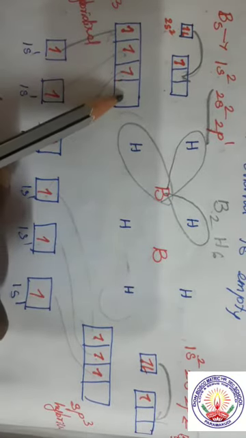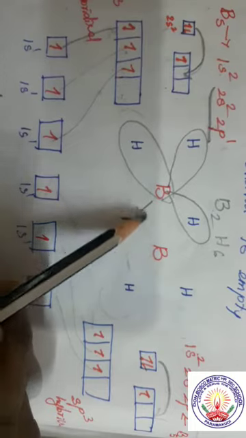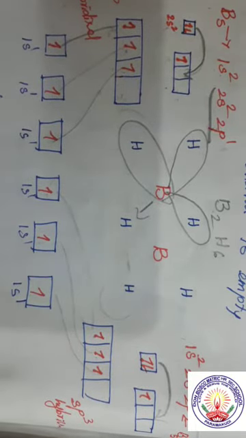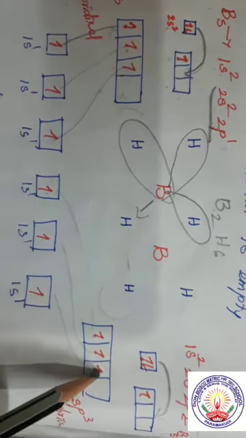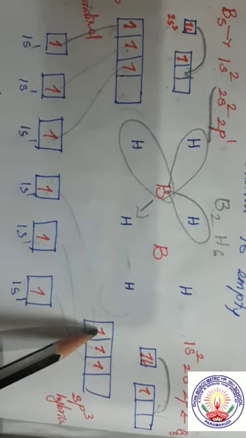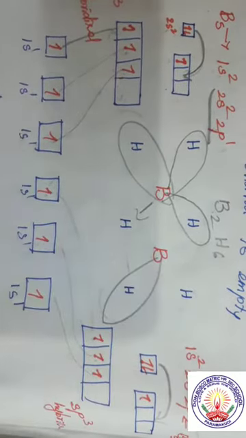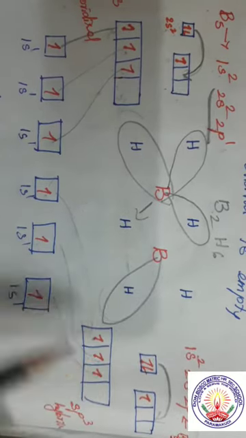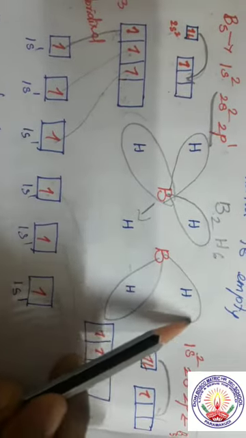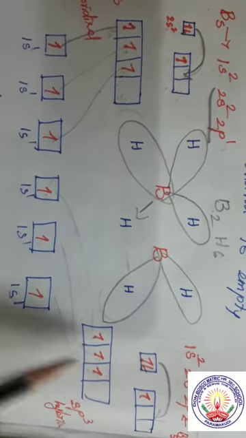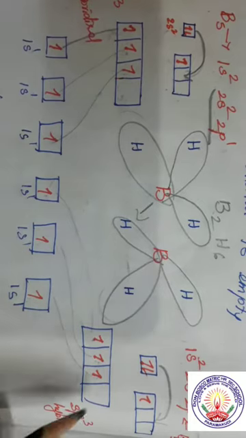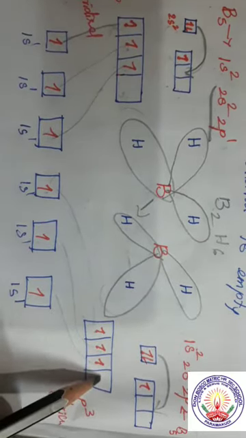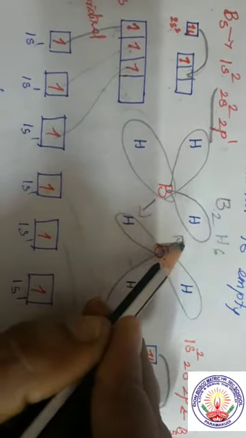And the fourth one is empty. Similarly on this side, from boron 1 electron and from hydrogen 1 electron form each BH bond. Now the fourth orbital is empty. Here it is empty.